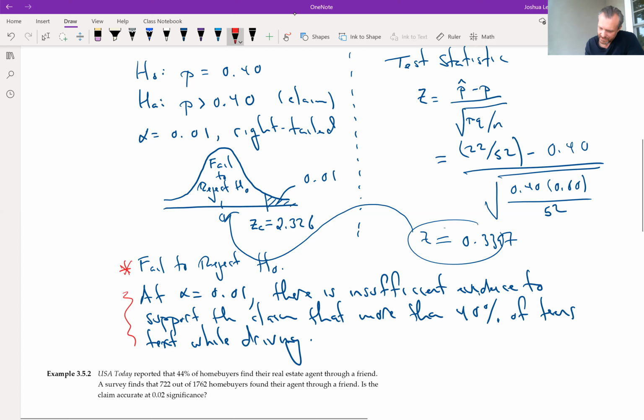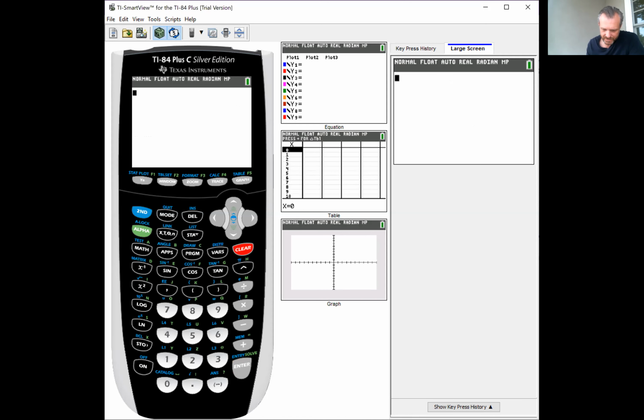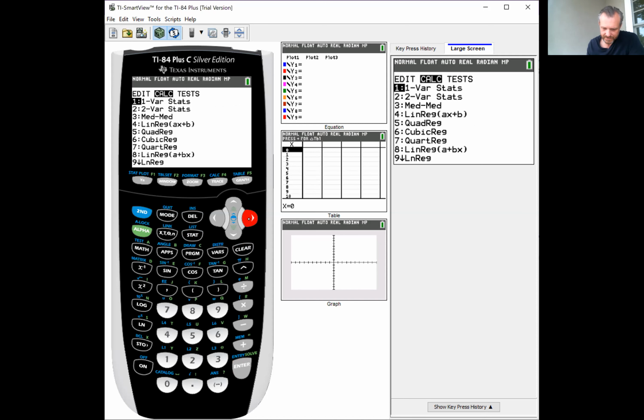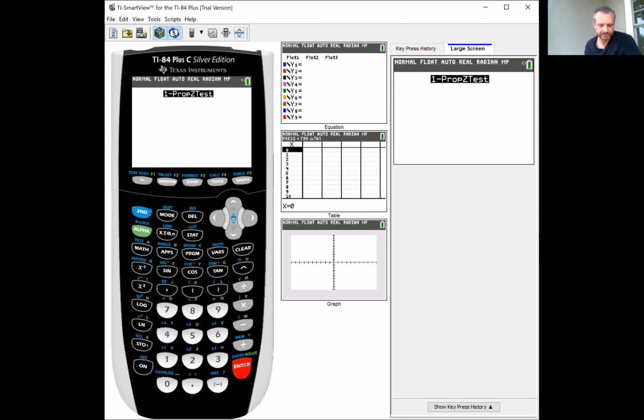Let's come over to our calculator. And I want you to go to Stat Tests. And under Tests, you will see one prop z-test. One for one sample, prop for proportion, and it's a z-test. Enter. Now, P0, that's the claim.